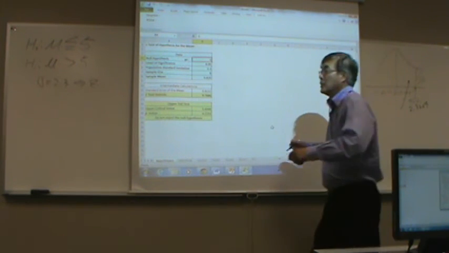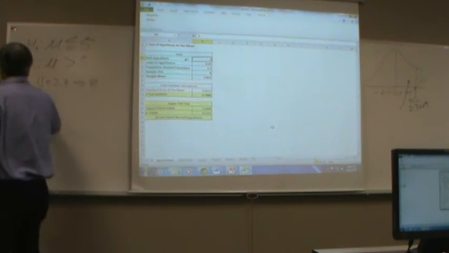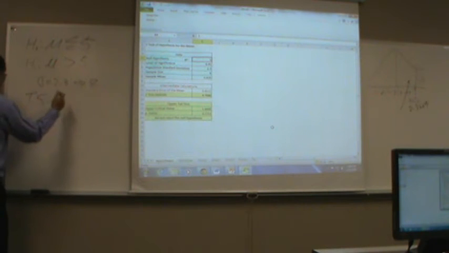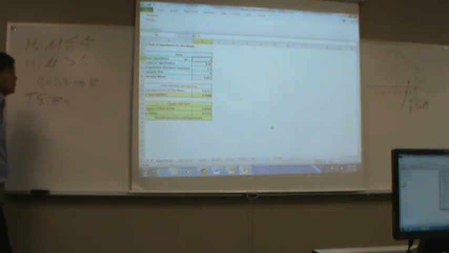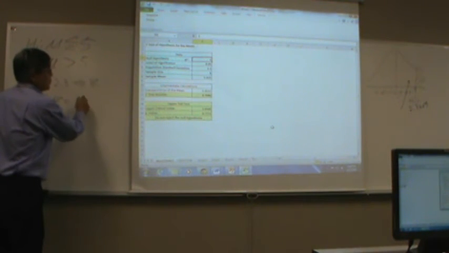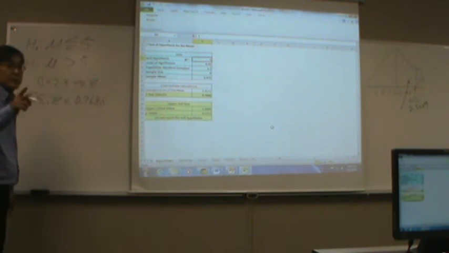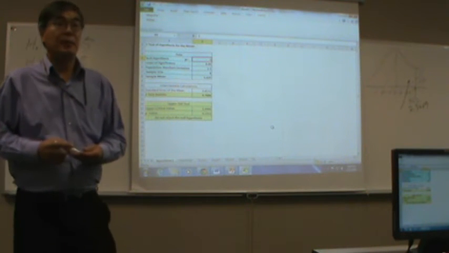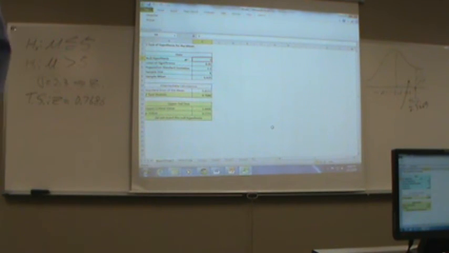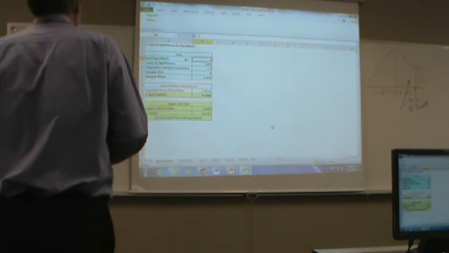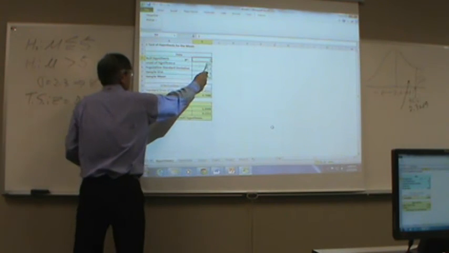So, test statistic Z equals 0.7686. Yes. Mine's giving me an error message. No, you have to put 0.05. You got 5%, you have to put 0.05. See? Okay.